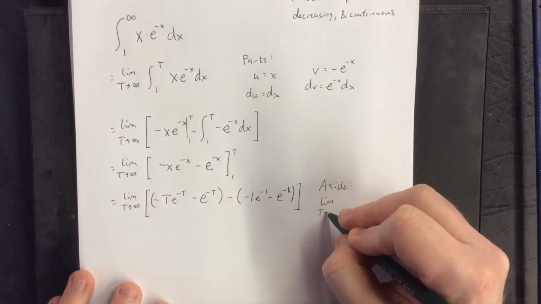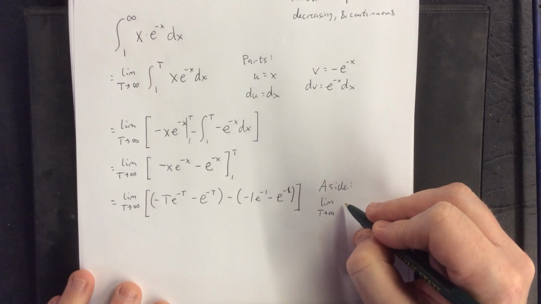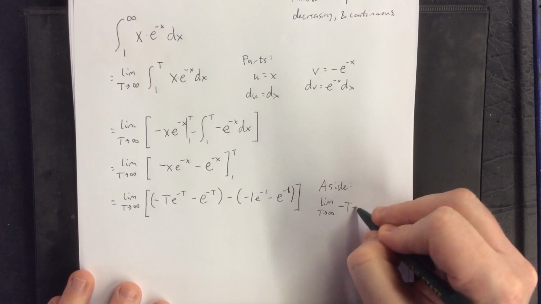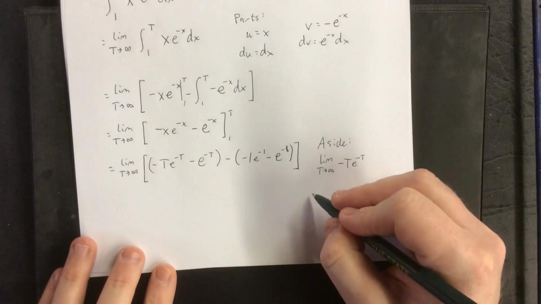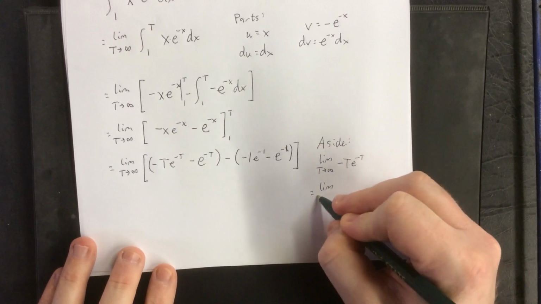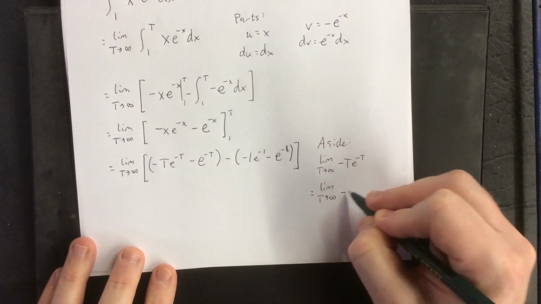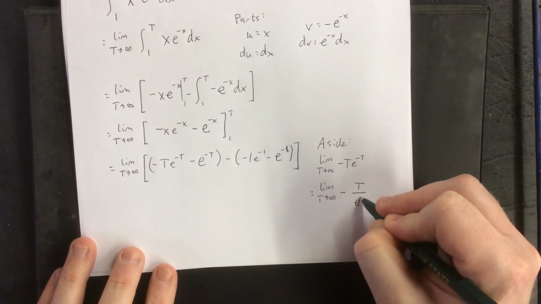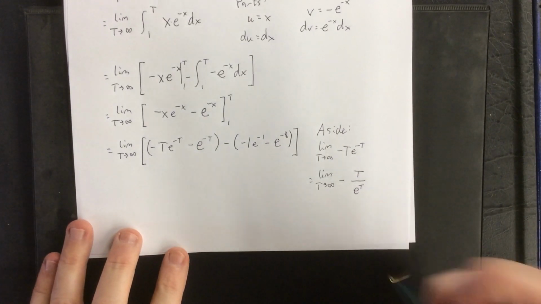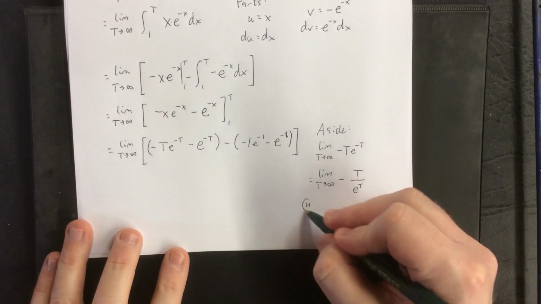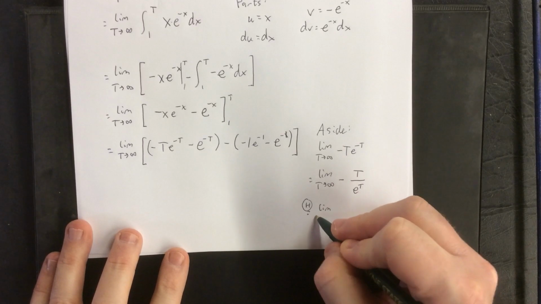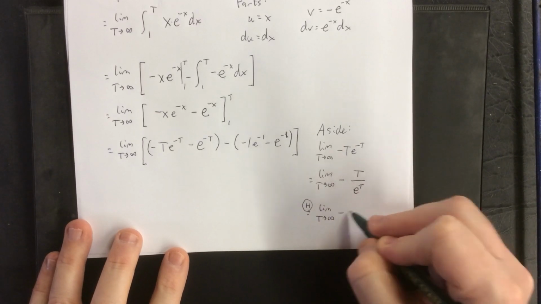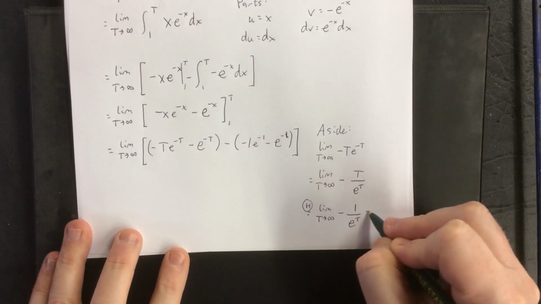So for that, we will force a fraction. The limit as t goes to infinity of negative t e to the negative t will be equal to the limit as t approaches infinity of negative t over e to the t. One application of L'Hopital's rule gives us that this will be the limit as t goes to infinity of negative 1 over e to the t.